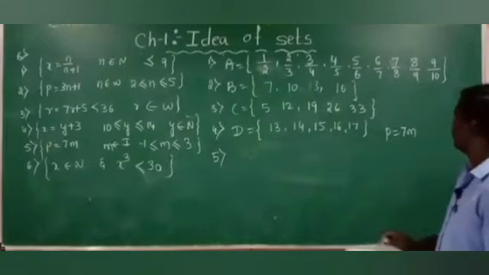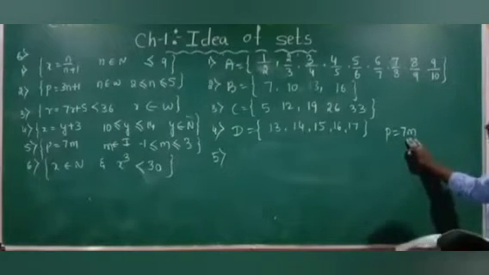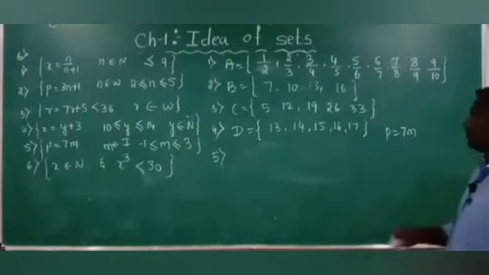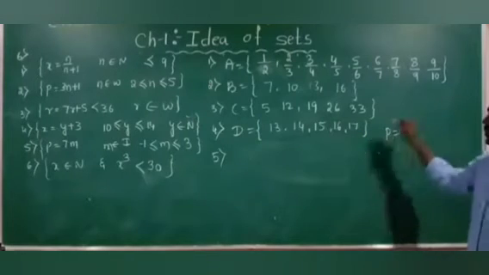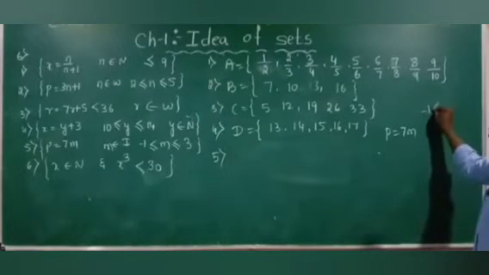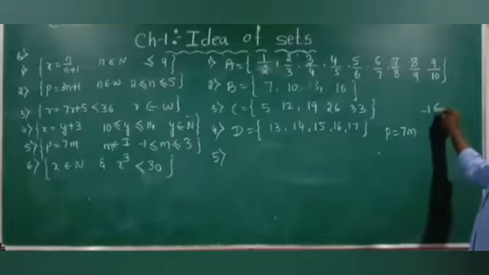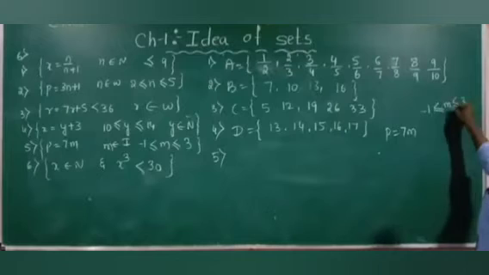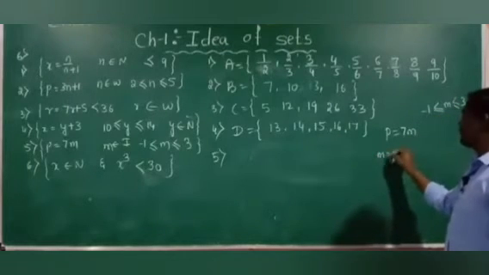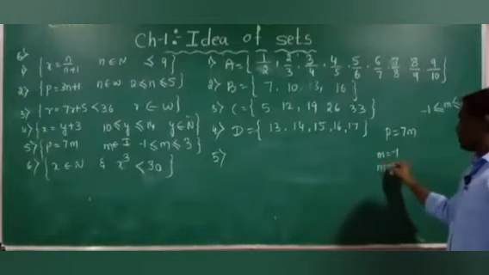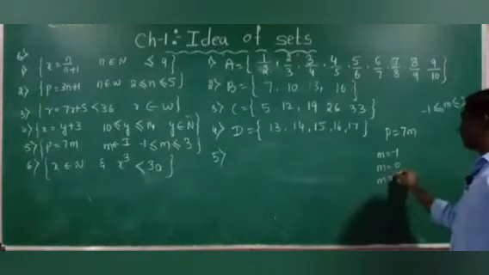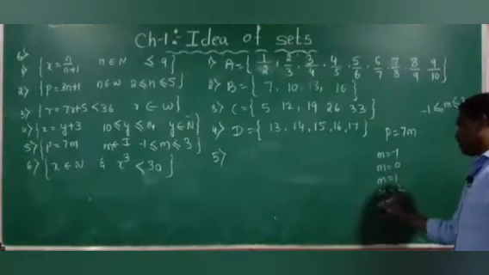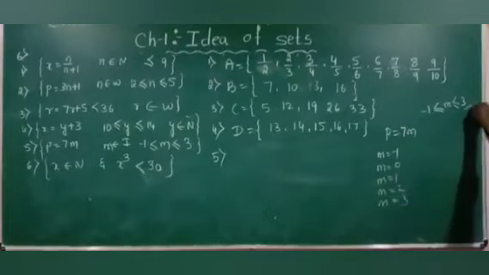So for this statement you need to write the values. They gave greater than or equal to -1 and less than or equal to 3, so I am taking here m as -1, m as 0, m is equal to 1, m is equal to 2, m is equal to 3 because they gave up to 3.